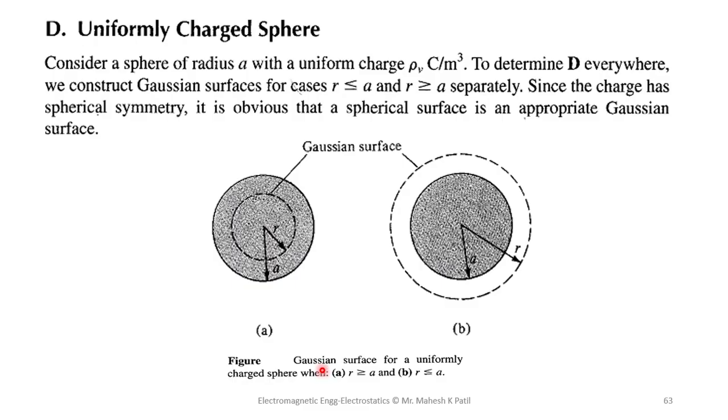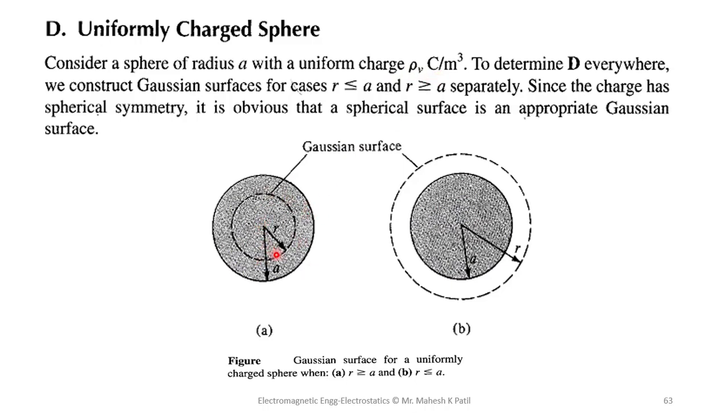Now electric field density can be calculated for a sphere of radius a with uniform charge density rho v, as shown in this figure.